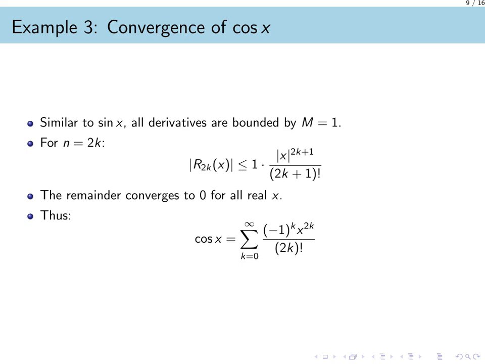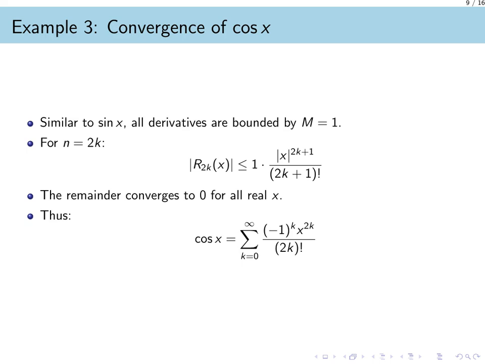The Taylor formula for cosine consists of its even-powered polynomial of degree 2k plus a remainder term, which we call r sub 2k of x. When we apply the estimation theorem to this remainder, we find that its absolute value is less than or equal to 1 times the absolute value of x to the power of 2k plus 1, all divided by the quantity 2k plus 1 factorial.